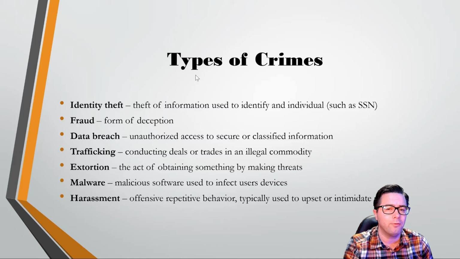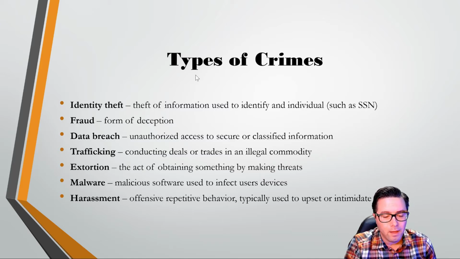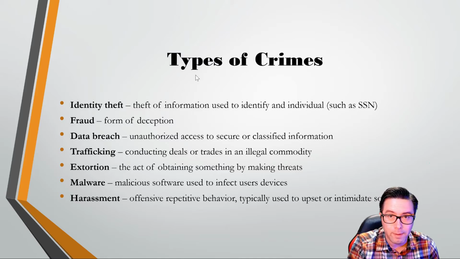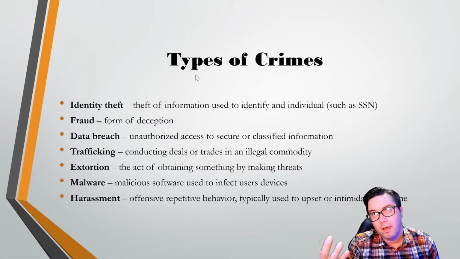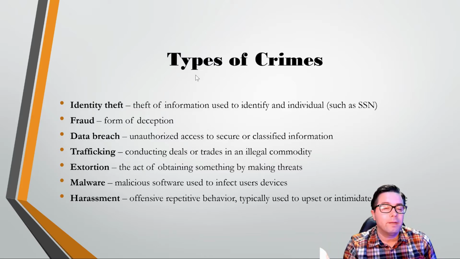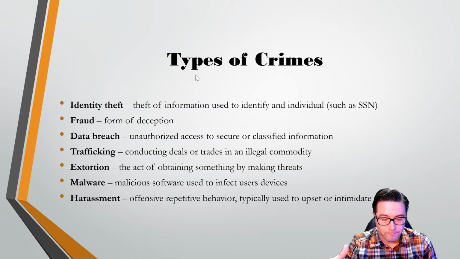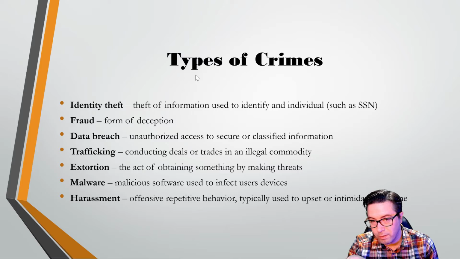Data breach is unauthorized access to secure or classified information. That could be from somebody stealing a password. It could be a weak password. Maybe somebody accidentally leaves a laptop somewhere with sensitive information, and then some bad actor finds it and takes advantage of a weak password or no password.